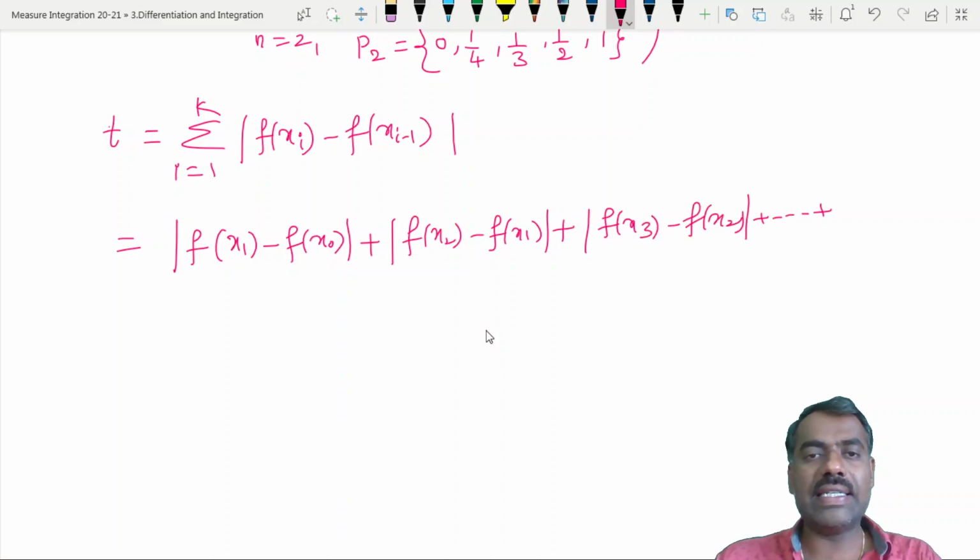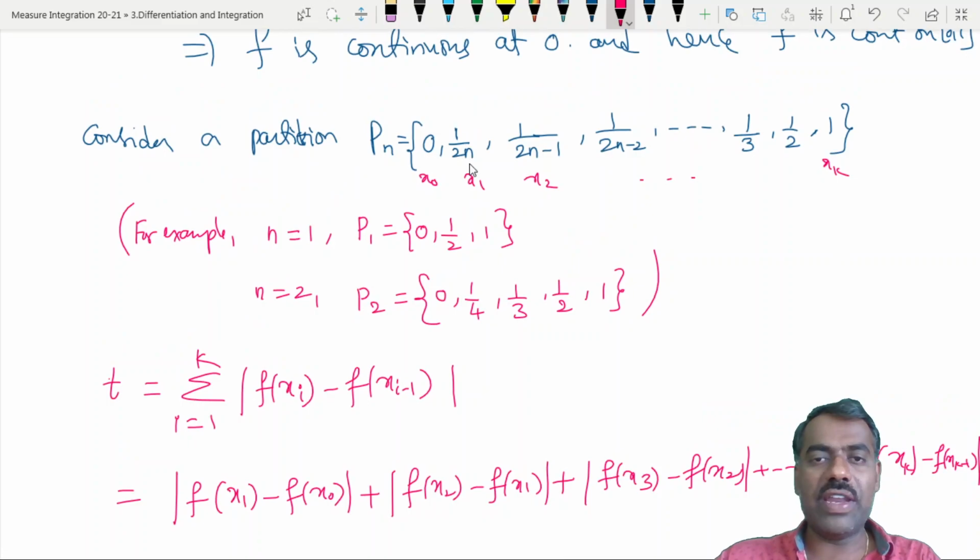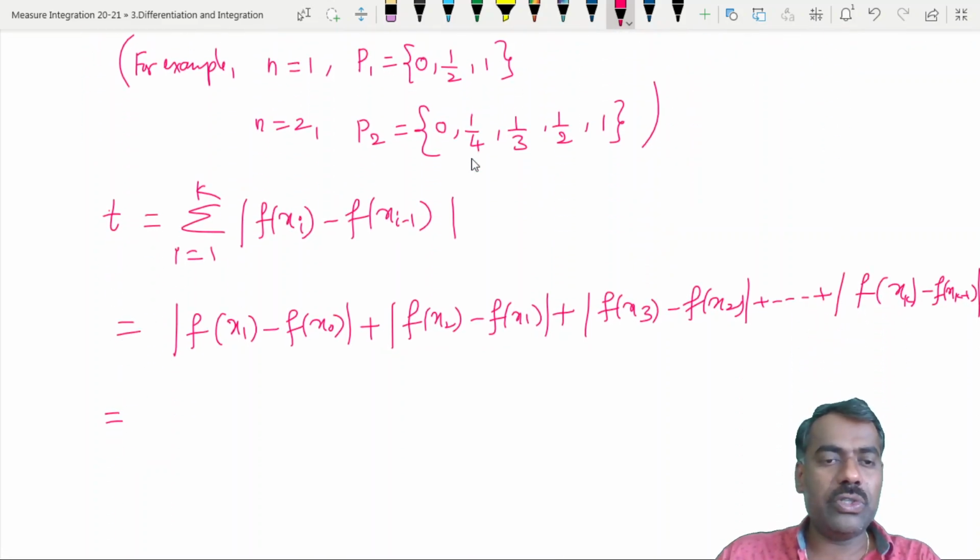The last one is mod f of xk minus f of xk minus 1. Now, what is f of x1? Our x1 is 1 by 2n. So let me put those values: f of 1 by 2n minus f of 0, because x naught is 0.